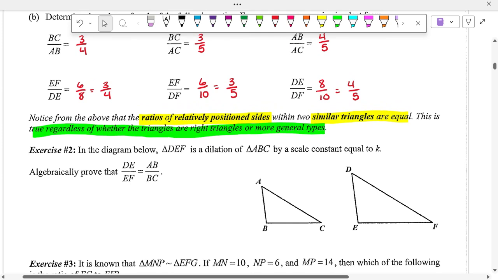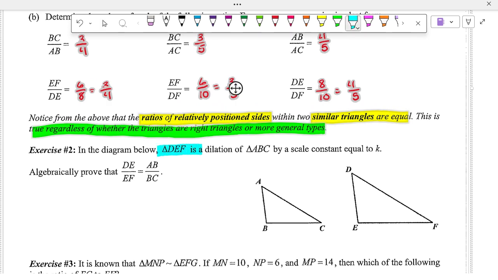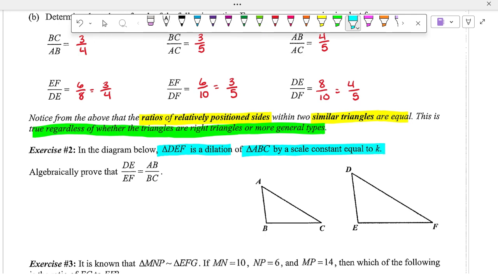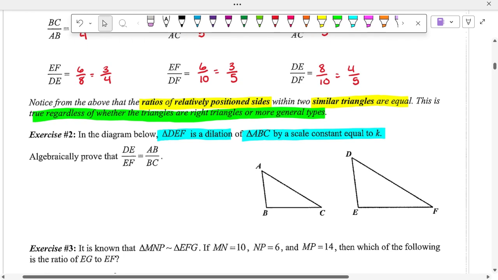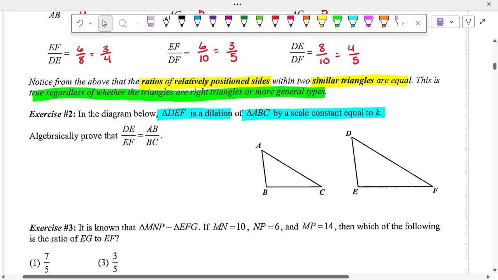Now, in the diagram below, it says that triangle DEF is a dilation of ABC by a scale factor equal to K. So they want us to algebraically show that DE over EF is equal to AB over BC. Now, we talked about dilations way back in transformations, that very first unit that we ever did.